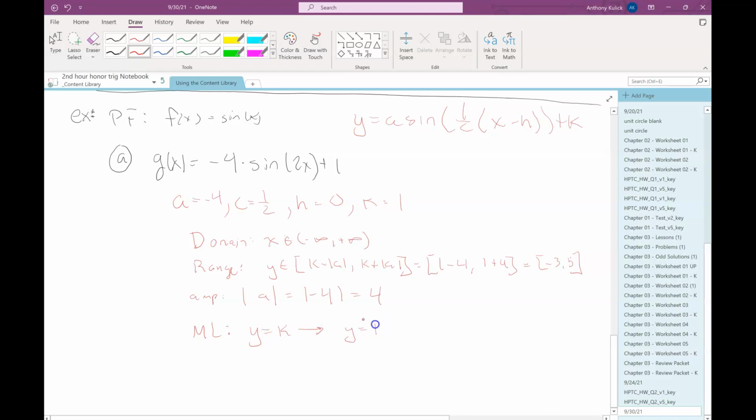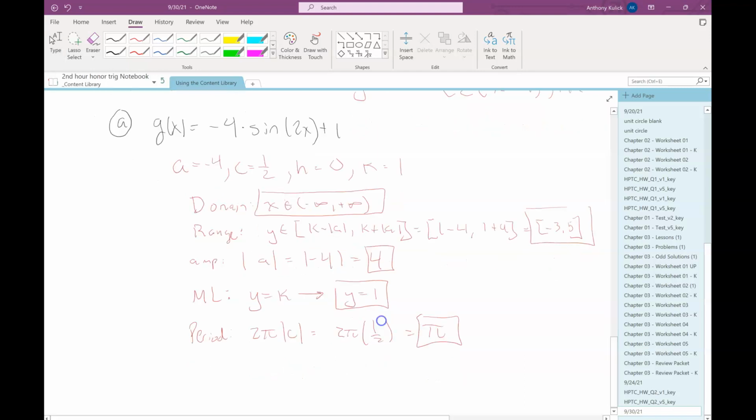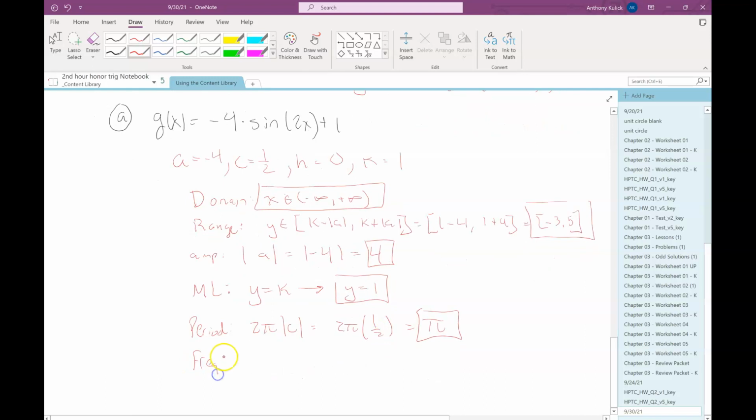So in this case, it's y equals 1. What's the period? Two pi times the absolute value of c. So in this case, the period is pi. And then the frequency is just the reciprocal of the period, so 1 over pi.